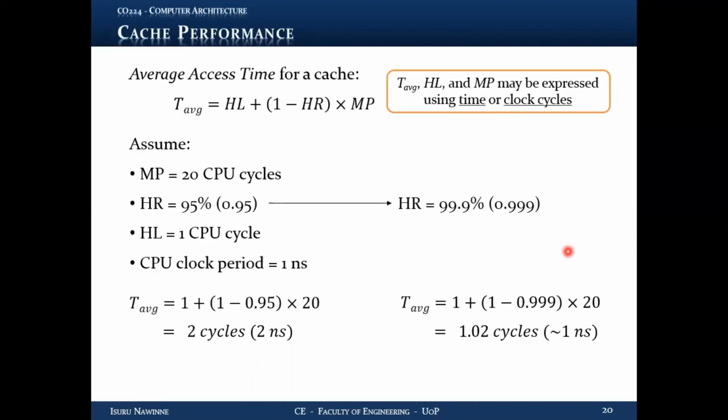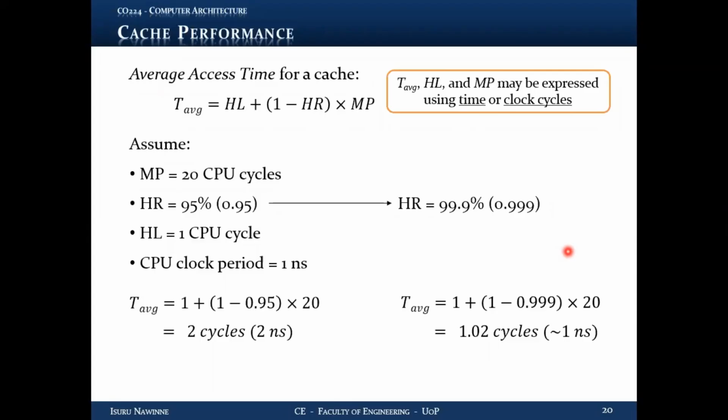Since 1 cycle is 1 nanosecond. So as you can see, if we can do some improvement to the hit rate, if we can tune our cache to get a better hit rate. Now keep in mind that hit rate is dependent also on your program, also on your ISA, also on your CPU, and everything above.